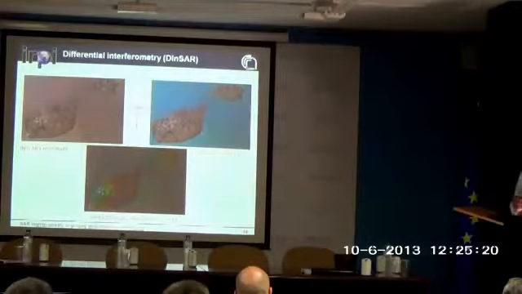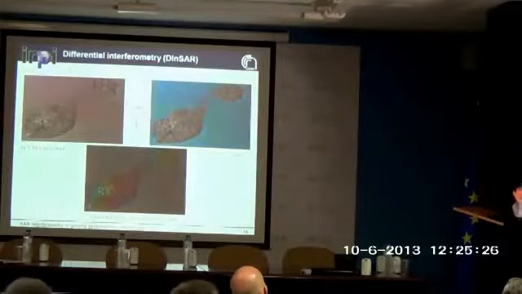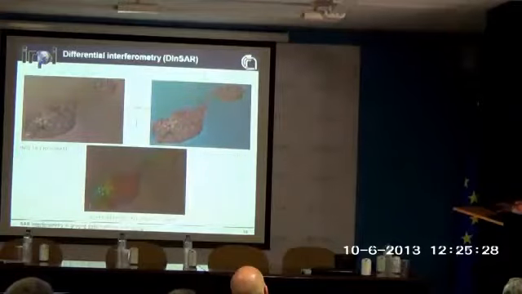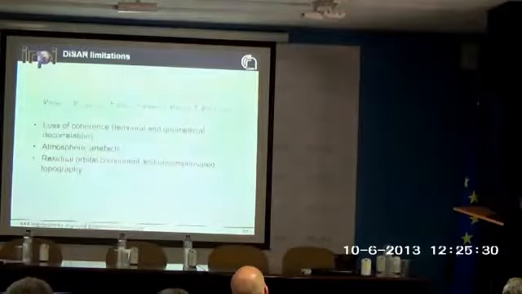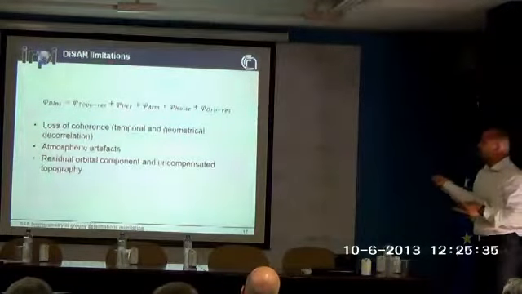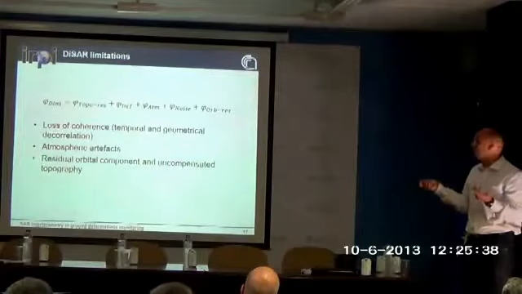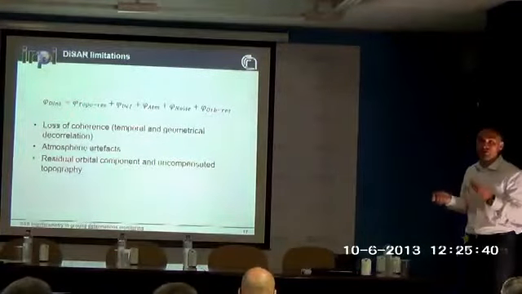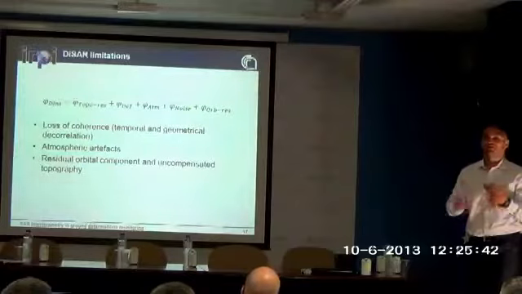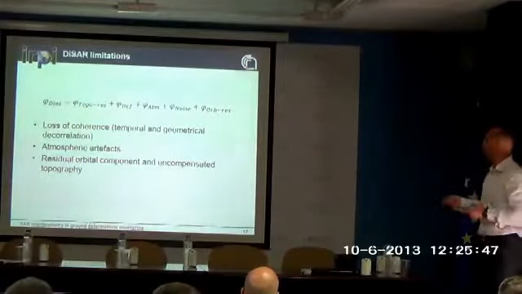Differential interferometry cannot do this. We cannot separate those contributions. Advanced techniques really can, and I'll show you in a moment. These are InSAR limitations. We said that we can get rid of the topographic contribution, but we can have some residuals because our digital elevation model may not be very accurate, so we can have some changes.